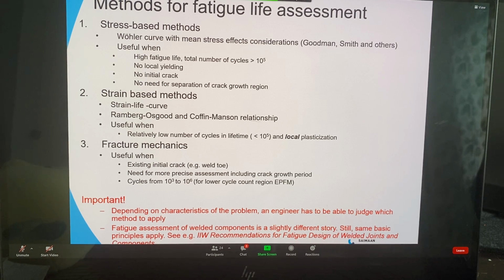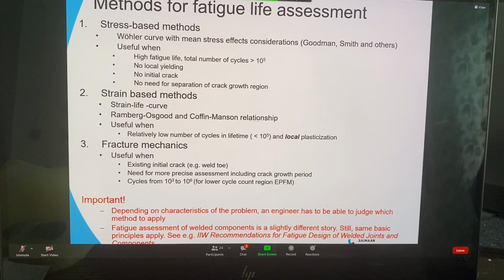And also it's only applicable when you do not have an initial crack, because these stress-based methods pretty much rely on the crack initiation and how to control the crack initiation. So if there already is a crack, they don't really apply. There's no method to include the existing initial crack in the assessment.